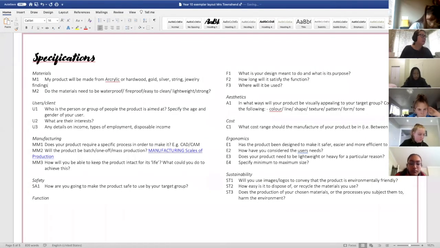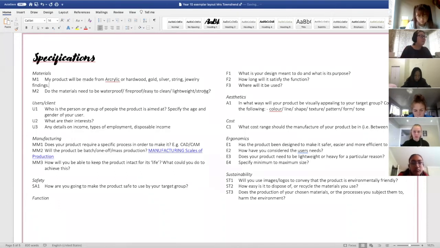Excellent. So my product will be made from acrylic or hardwood, gold, silver, string, jewelry. I'm pretty sure in New Zealand we just use one L for jewelry findings. So if you're still confused about that, jewelry findings are the little earring parts or the safety pins on the back of a brooch, the key ring part, those bits.